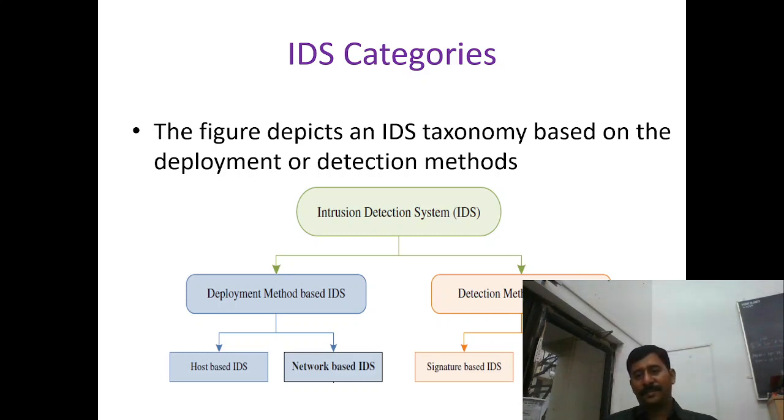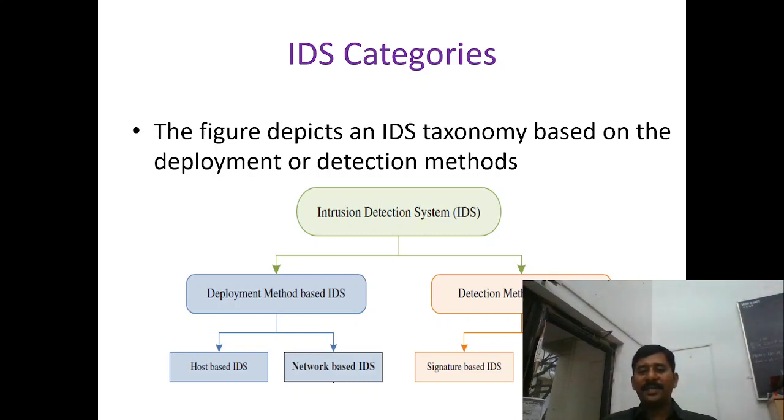Then coming to the next category of intrusion detection system, based on the detection methods used, these systems are broadly classified into signature based IDS as well as anomaly detection based IDS.